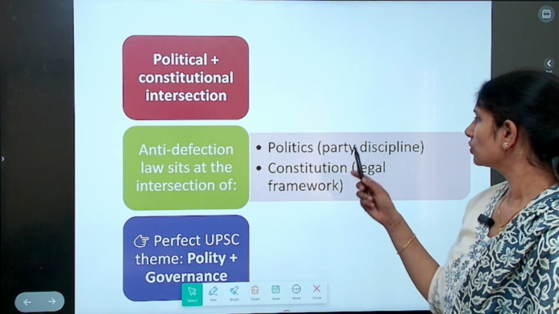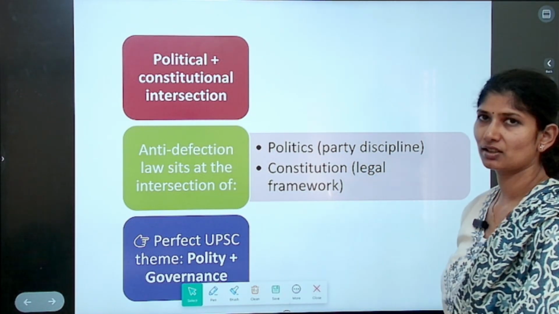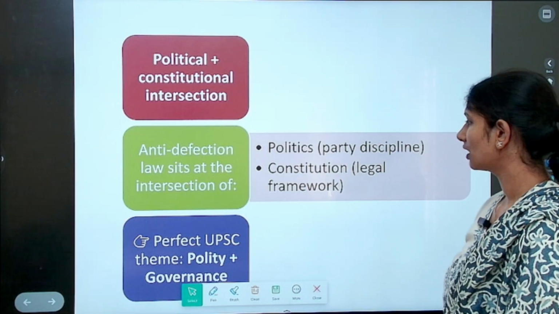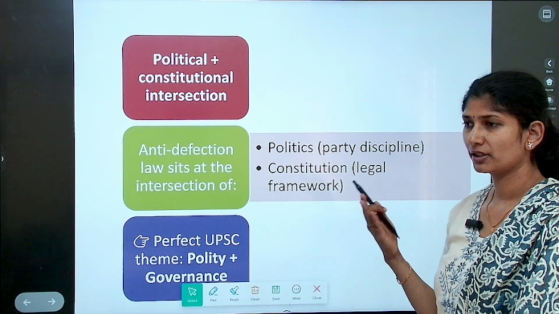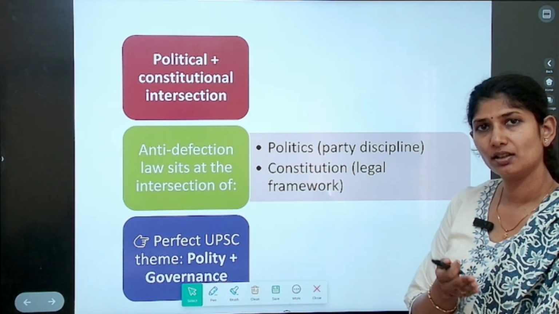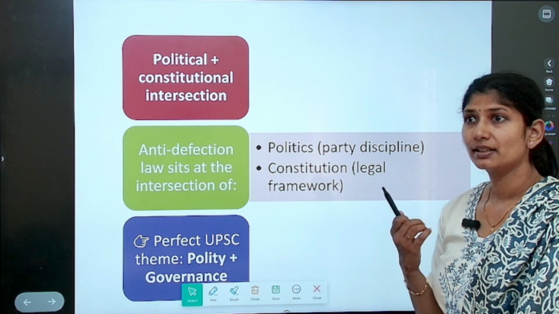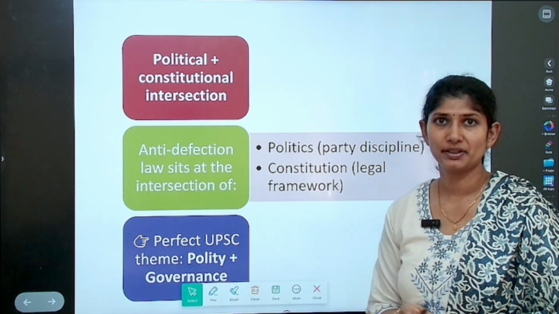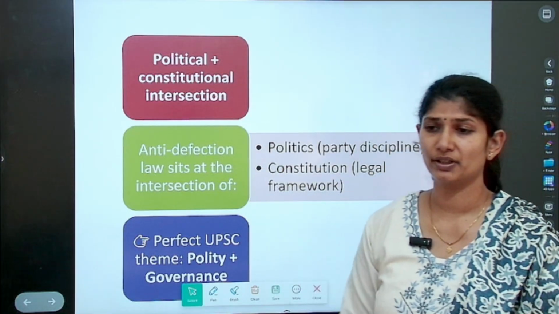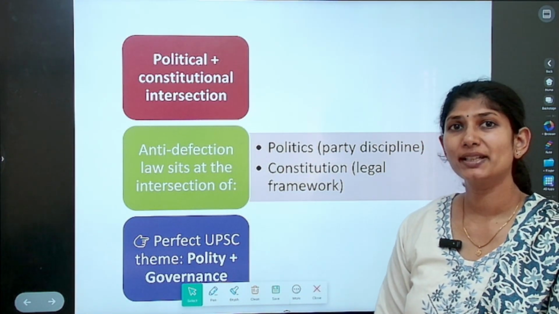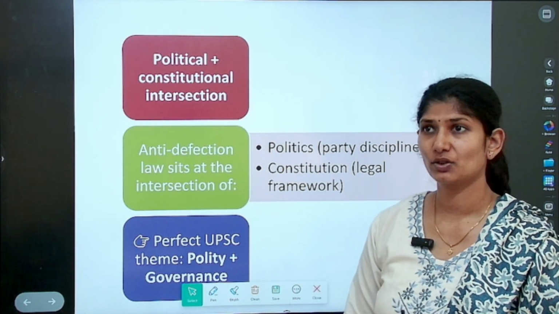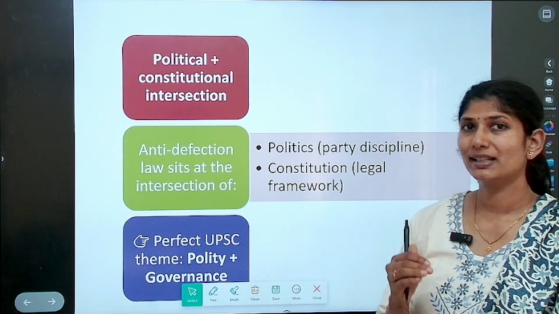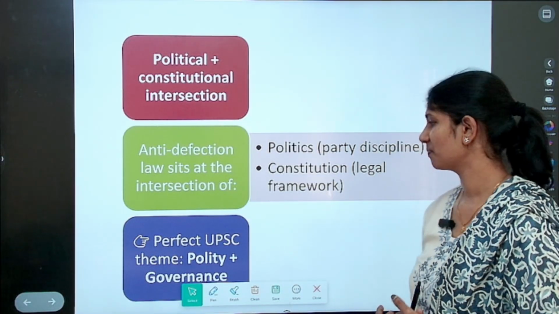So your politics, that is party discipline, defection, the independent candidate: when can he join a political party? In this case an independent cannot join. If he joins, then he will be defected. How about a nominated person? What is the timeline he has? That is within 6 months. All these features you have to remember.